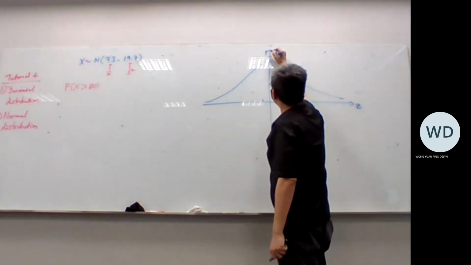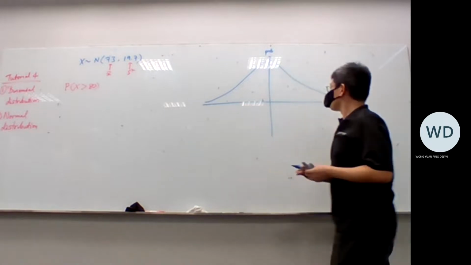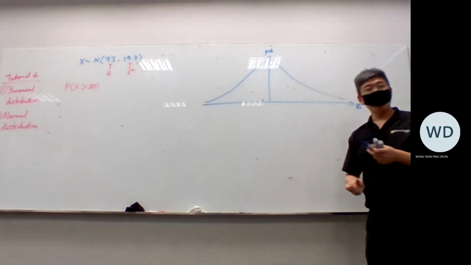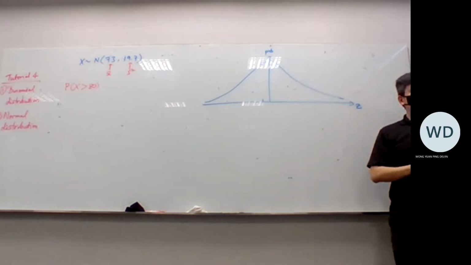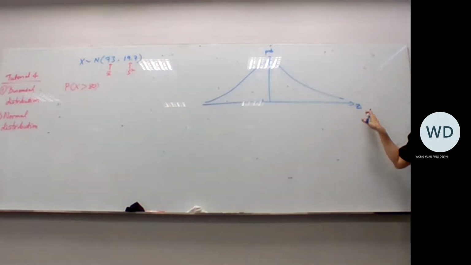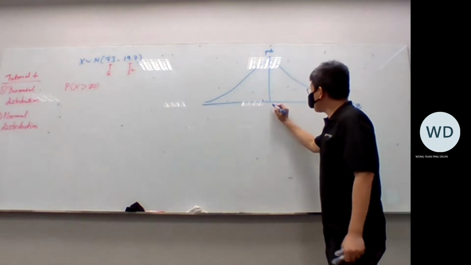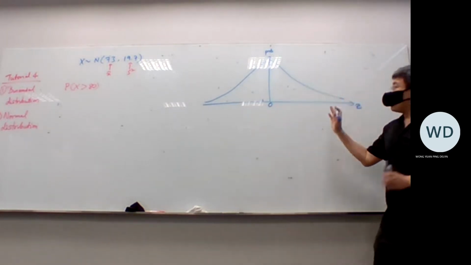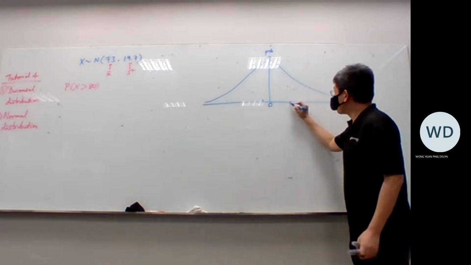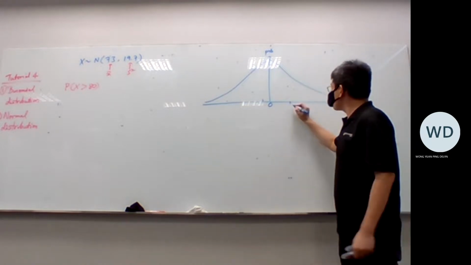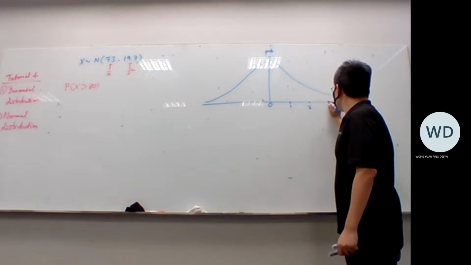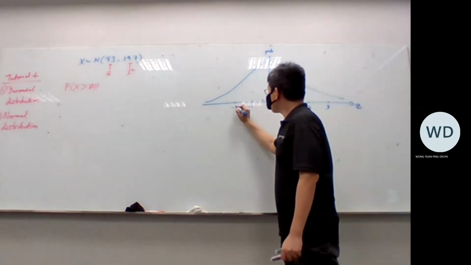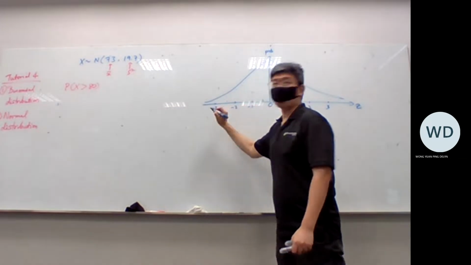This is your probability as well. The mean of the normal distribution, this is your z-axis, is actually 0. The standard deviation, so this is 1, 2, 3, and so on, and -1, -2, -3 standard deviation.